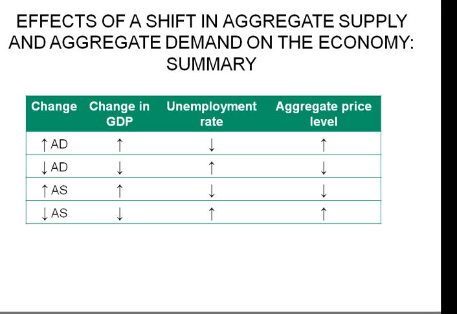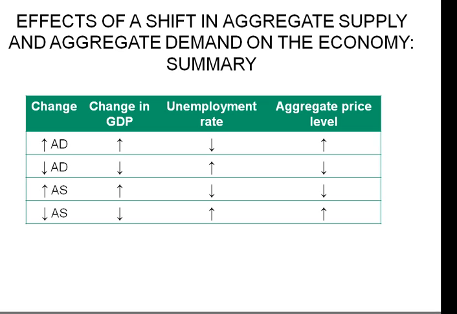So if there is an increase in aggregate demand, GDP is increasing, unemployment is decreasing, we are hiring more people, but the price level also increases. If aggregate demand decreases, GDP decreases and the unemployment level increases because we are firing some people, and the price level decreases.